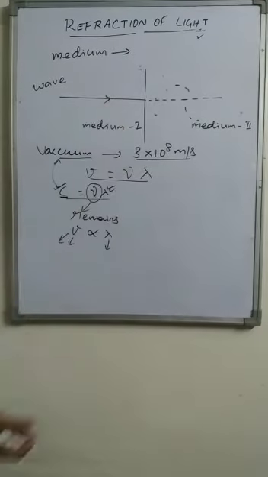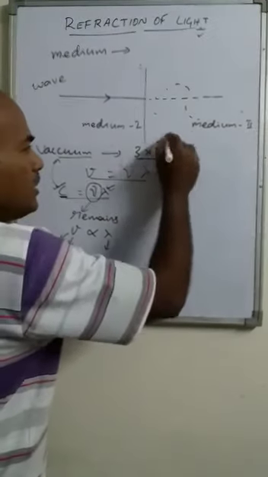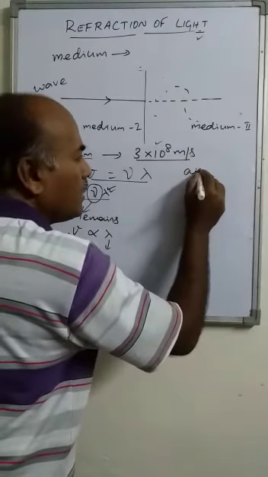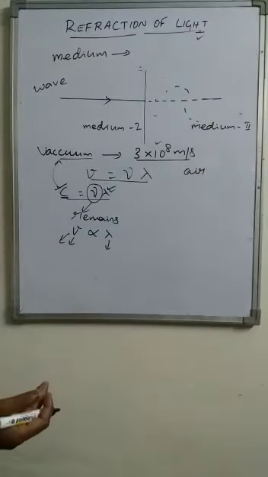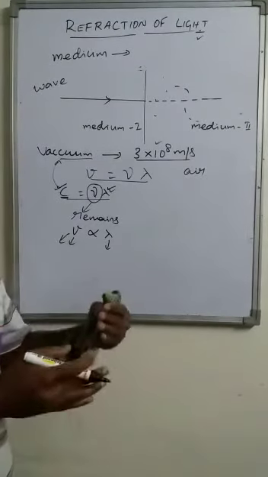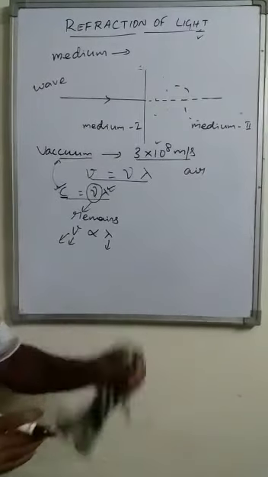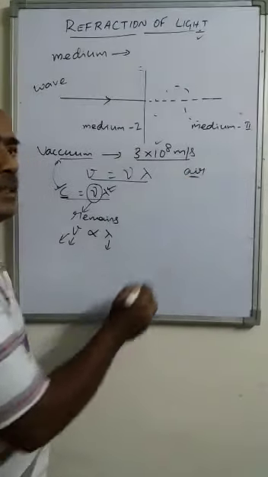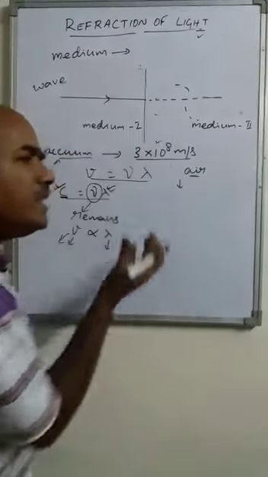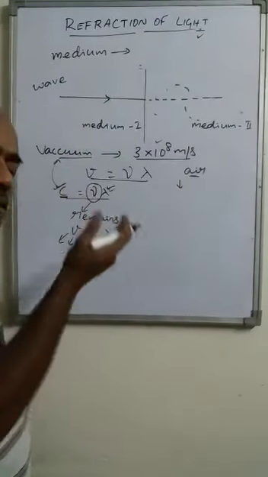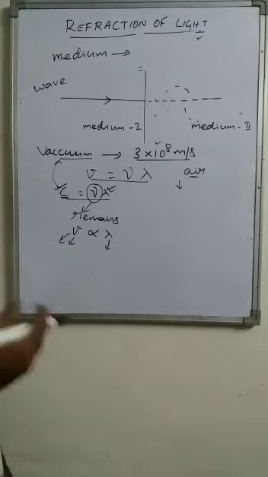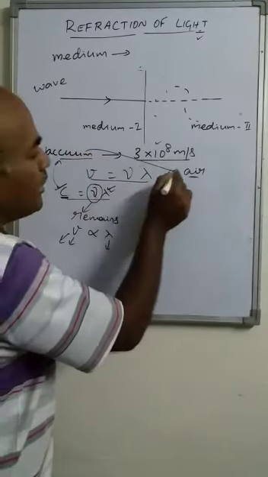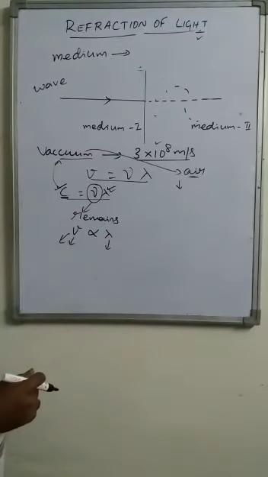In vacuum, no particles are present, so the velocity is utmost. Then coming to air, the velocity of light in air. Air has very small particles present. So on entering from vacuum into air, the velocity of light decreases slightly. That change of velocity of light from vacuum into air is negligible.